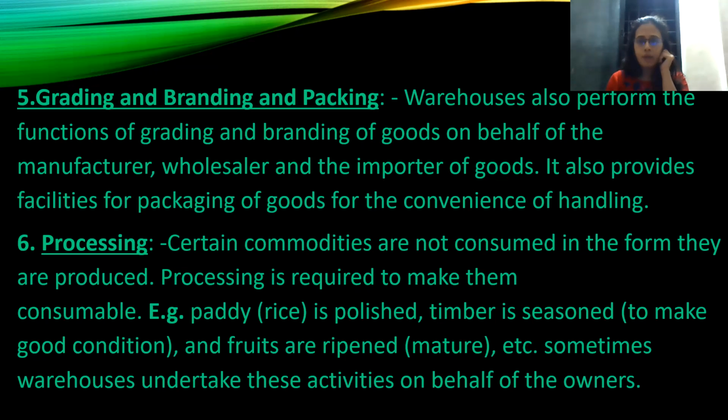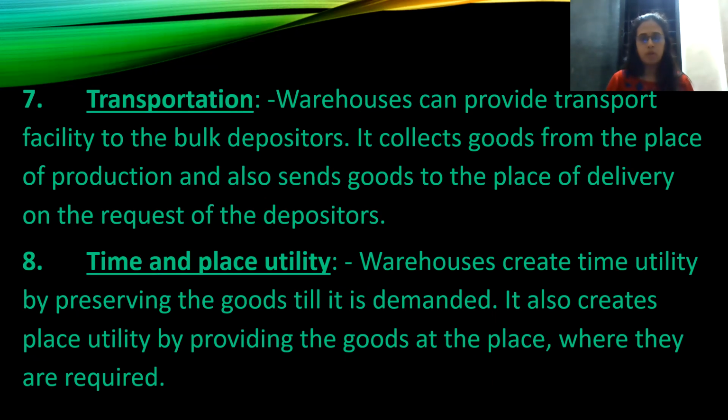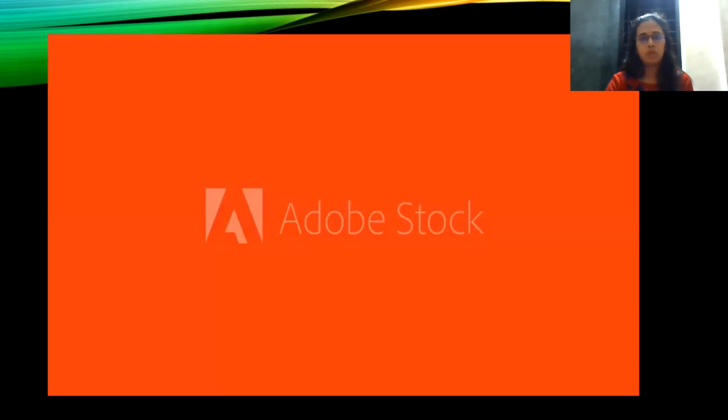Then grading, branding, packaging, processing, all these are extra facilities given by them, which give relief from all those things. And the manufacturer can concentrate on production activities. Then transportation: many times they transport the goods. They make the delivery of goods available, giving time and place utility.